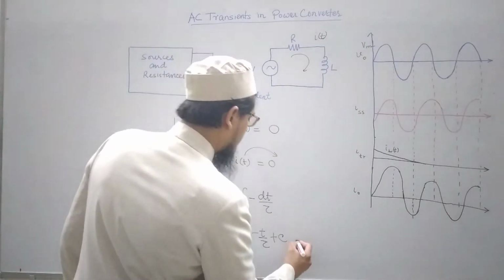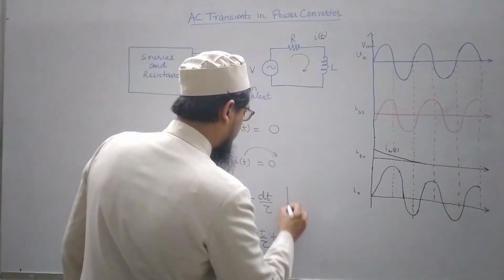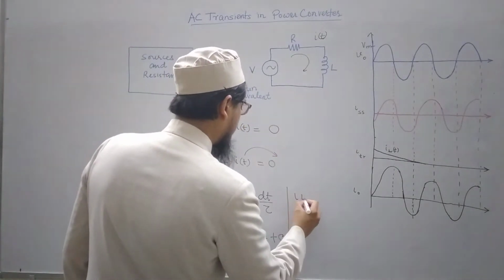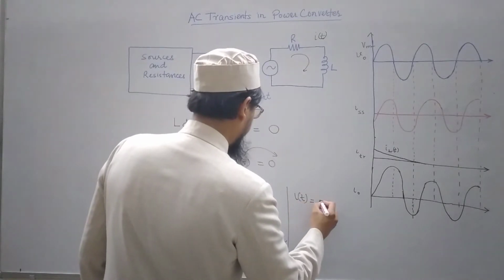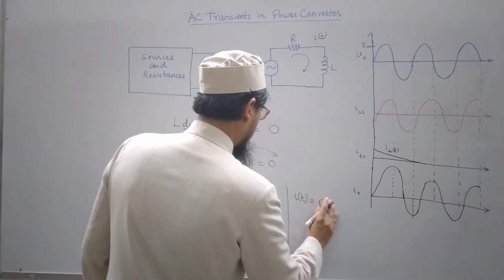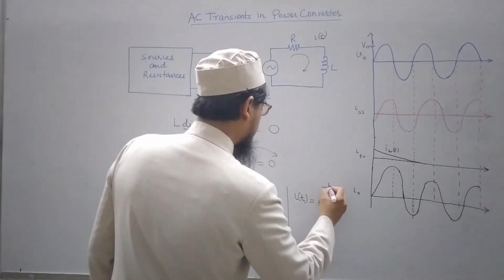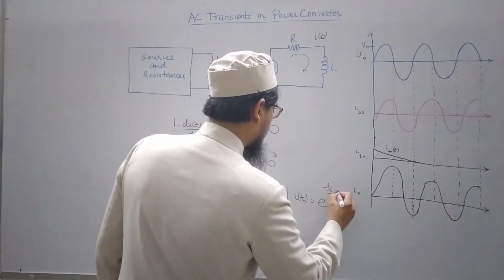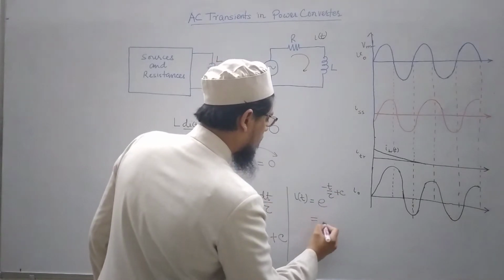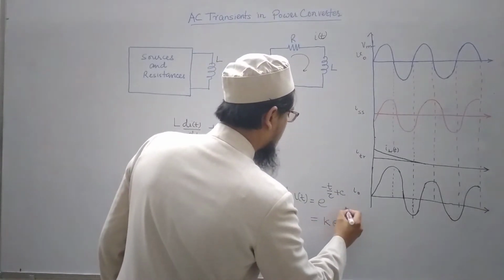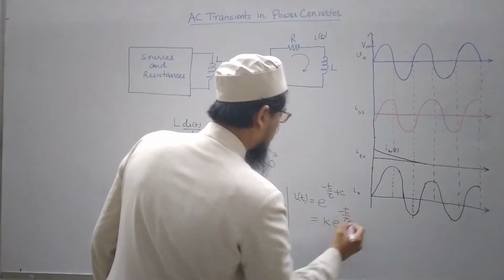So finally I get iT equals e to the power minus t by tau plus c, which can be written as k times e to the power minus t by tau.